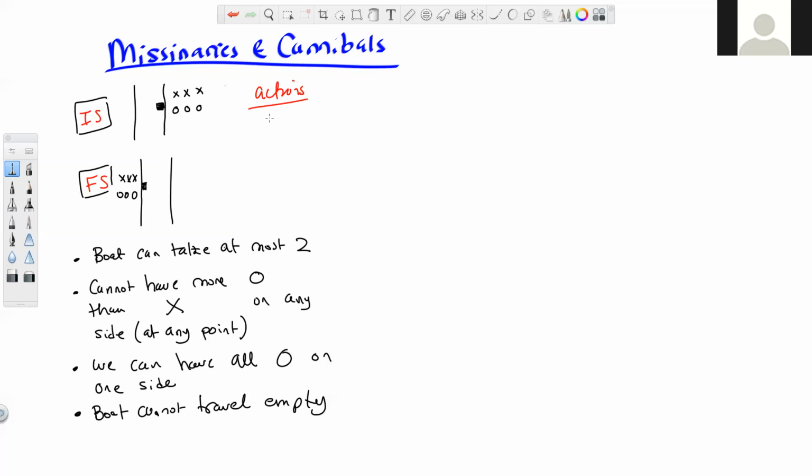Basically, we could either move an X alone on the boat, or we could move an O, or we could have 2 X's, or 2 O's, or 1 of each. These are the combinations. We need at most 2. Of course, as we said, the boat cannot travel empty. So these are the possible actions that we can take, and there are 5 of them.